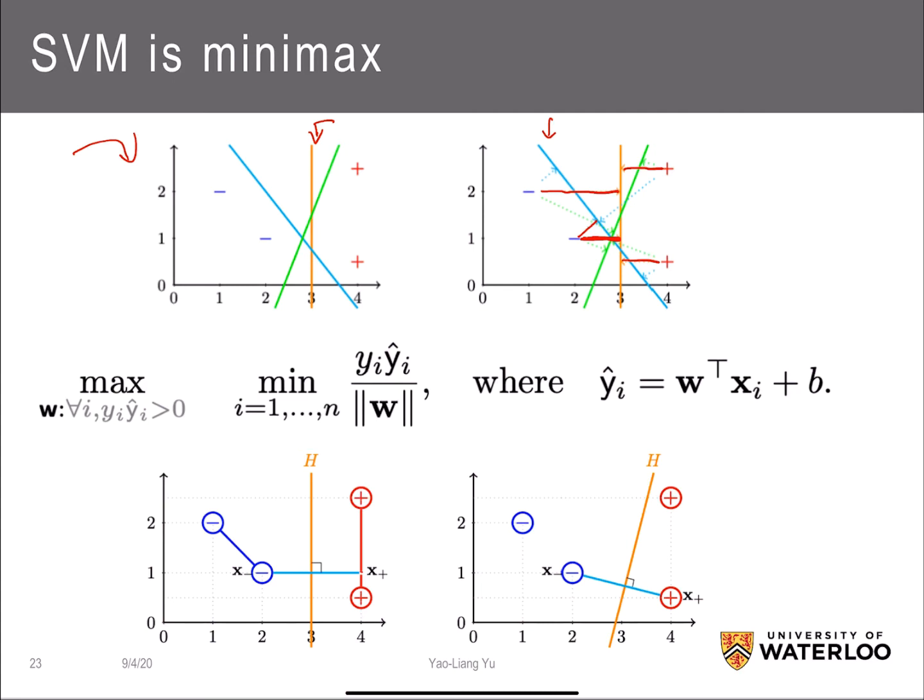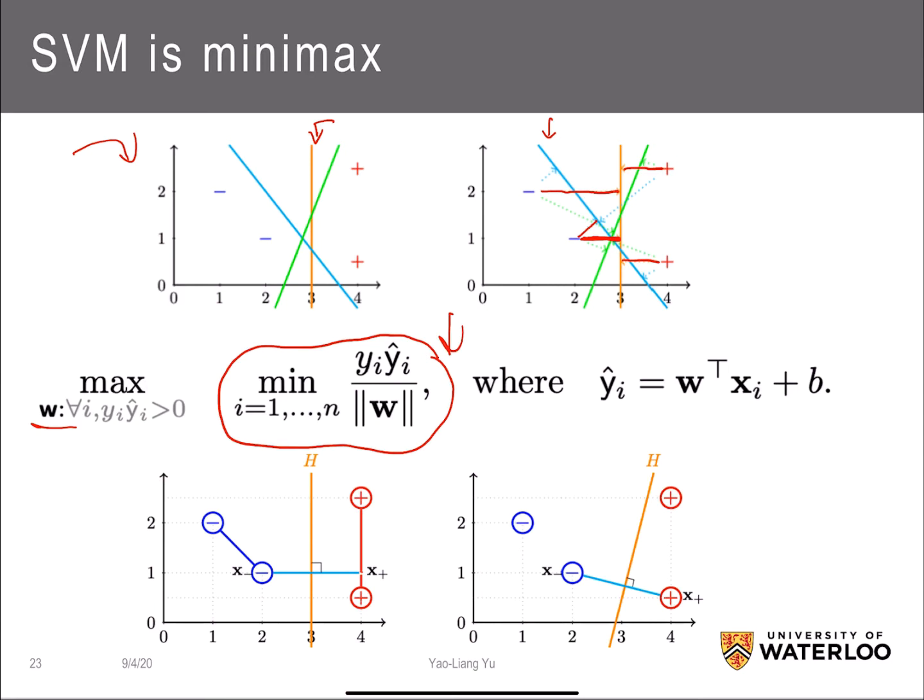If I formalize this, essentially we're trying to find a line parameterized by this W, and we're going to find W by computing the minimum distance to every training point, every xi, yi. This is the minimum distance.